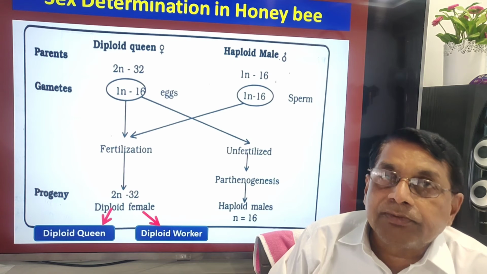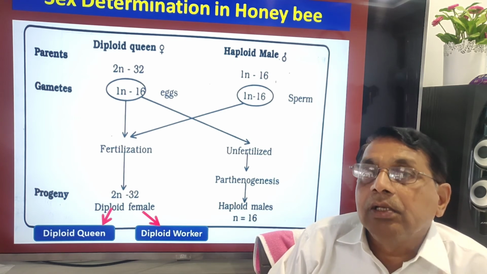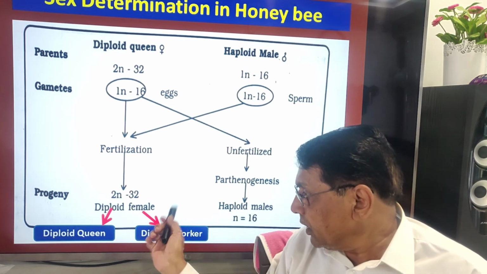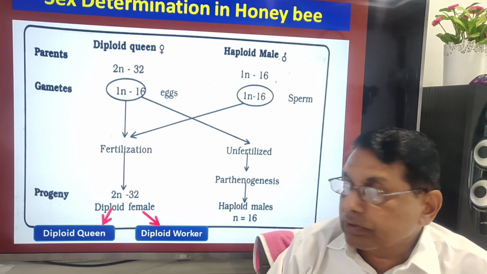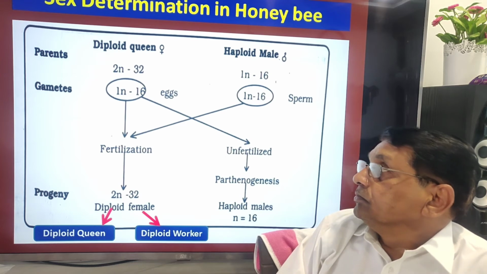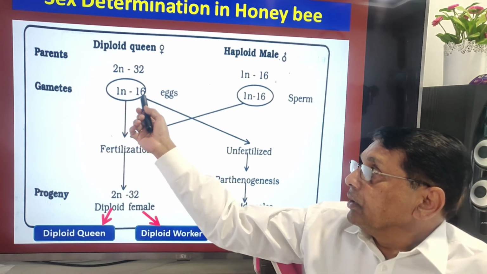It will be nourished with rich nutrients, grows well, remains fertile. But these are undernourished, they remain sterile. They do not reproduce. Then here, unfertilized. The female produces gametes.